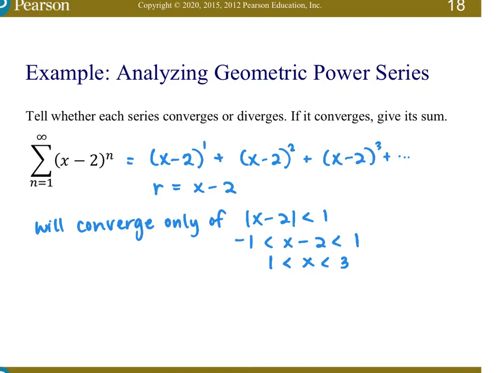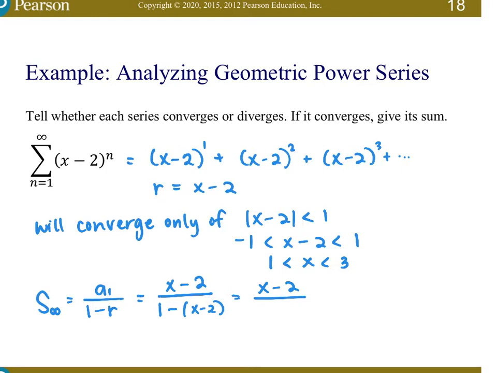And what will it converge to? A sub 1 over 1 minus r. It will converge to the first term, which is x minus 2, over 1 minus the quantity x minus 2. In other words, x minus 2 over 3 minus x when I distribute the negative.